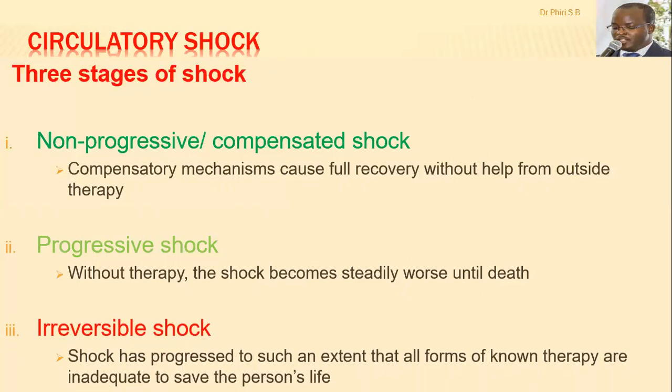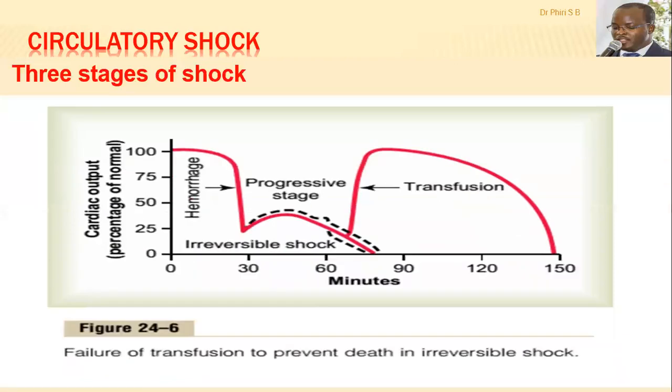The irreversible shock has progressed to such an extent that all forms of therapy are inadequate to save the person's life. So once shock progresses into the irreversible state, it means nothing can be done. This person will just die. So it will start as non-progressive shock, then it will progress, then later on it becomes irreversible shock.